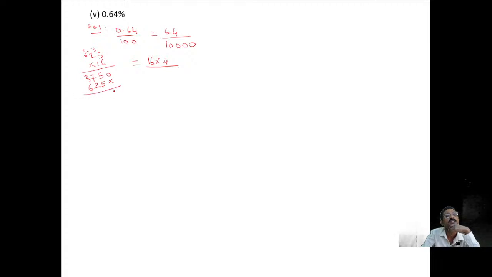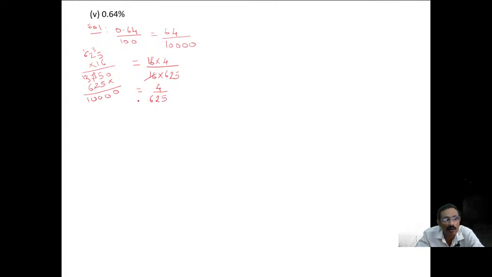So let's calculate and see. 0, 5 plus 5 gives me 10, 7, 8, 9 gives me 10, 6 and 4 gives me 10. Are we getting this? That means 16 into 625 gives me 10,000.